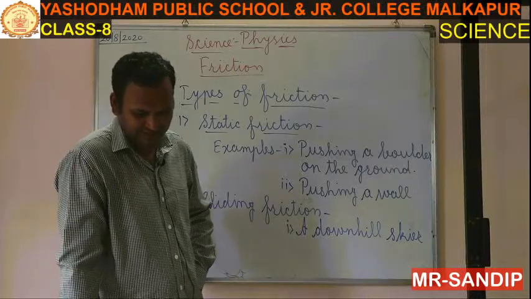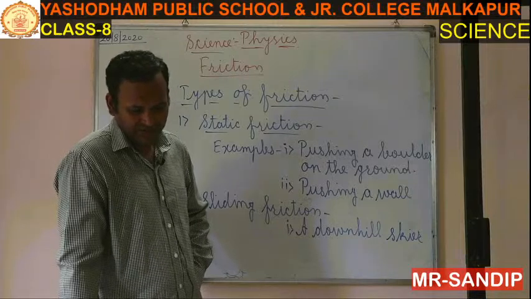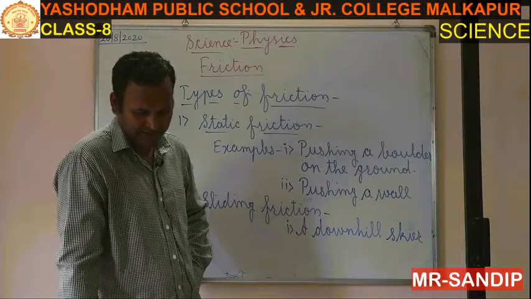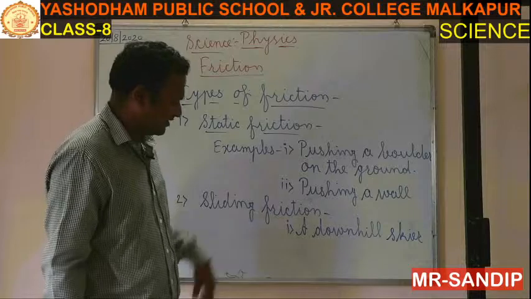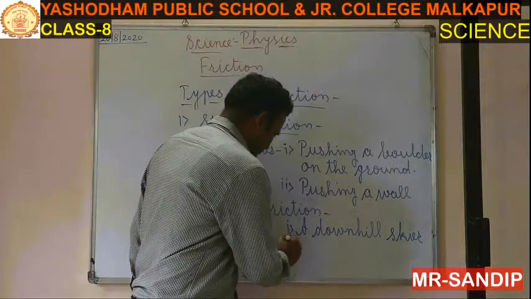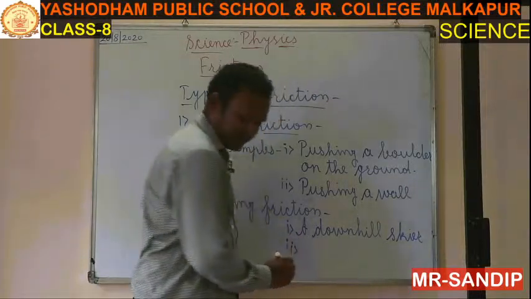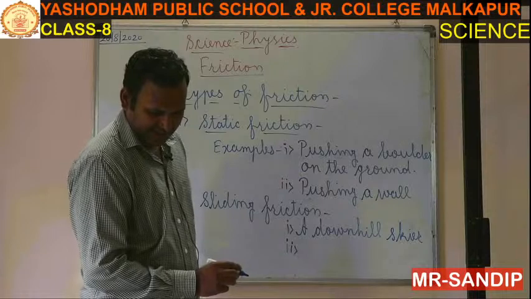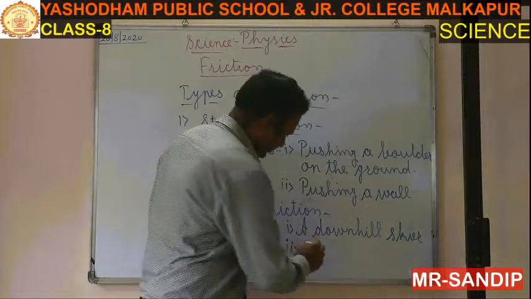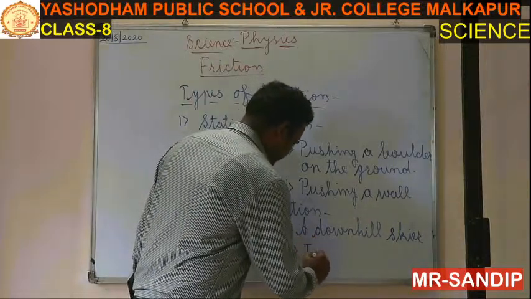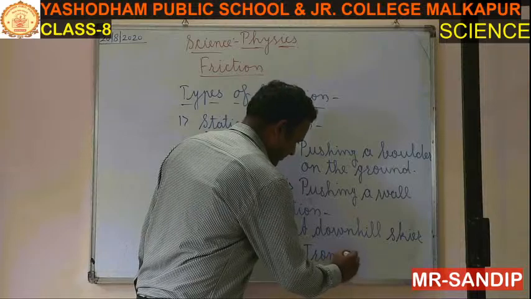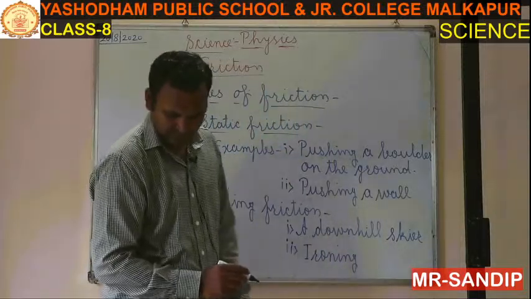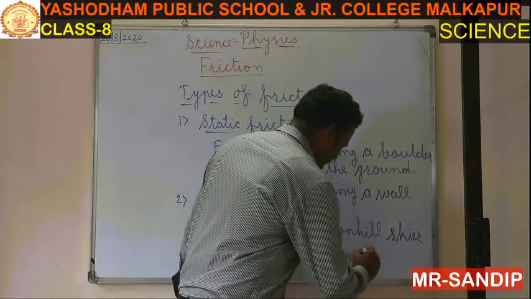Or we can take an ice skate, or ironing a shirt, that also is sliding friction. The most common ones we will take are the ice skate, or ironing a shirt or pant.